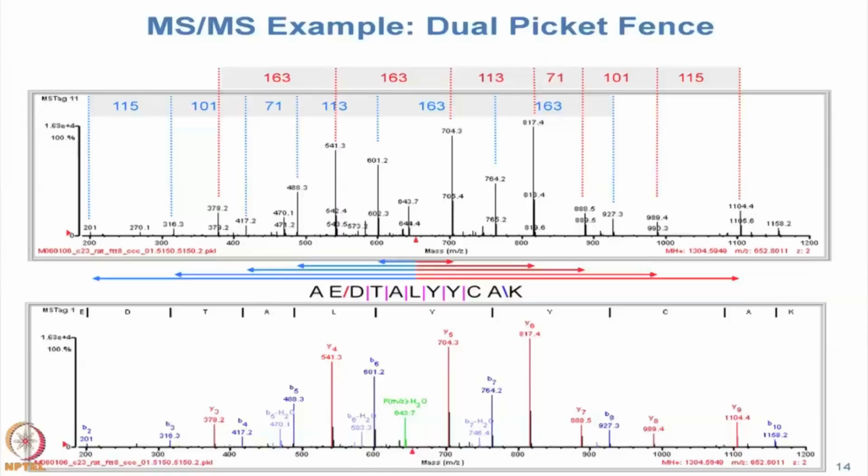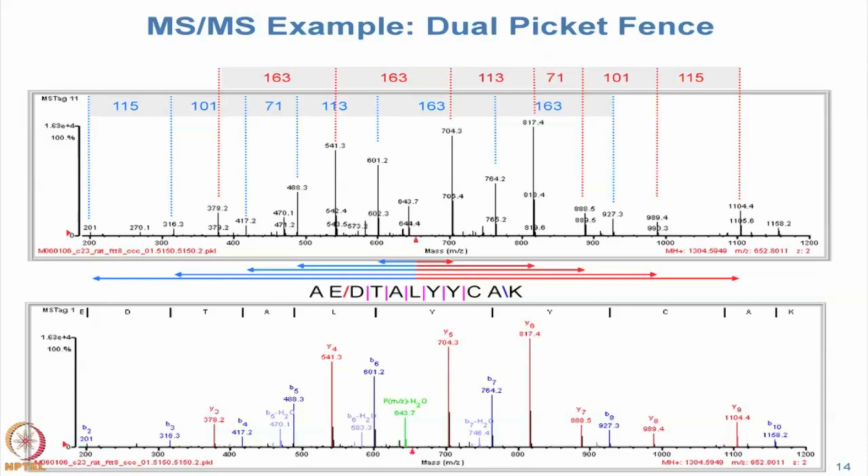Then we look at some of the mass differences from peaks, and if you had memorized all of them, you would immediately recognize that those are masses that correspond to amino acids. Mass 163 corresponds to, come on, say it, tyrosine.